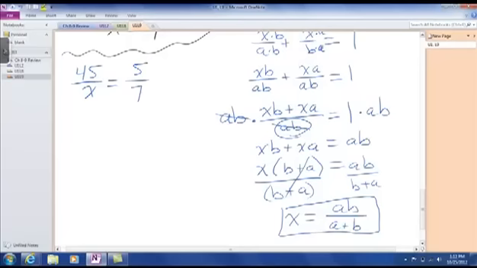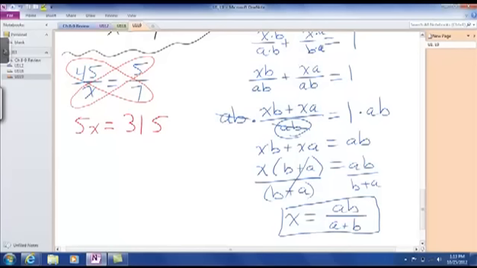When I say cross multiply, just to make sure everyone knows clearly what I'm talking about, let me use a different color to emphasize this. I'm talking about multiplying diagonally and setting what I get equal to each other. Some people call it the butterfly because it kind of looks like a butterfly when you draw that. So when I cross multiply, I'm going to have 5x equals, 45 times 7, let's see, that's 35, carry the 3, that's 315.